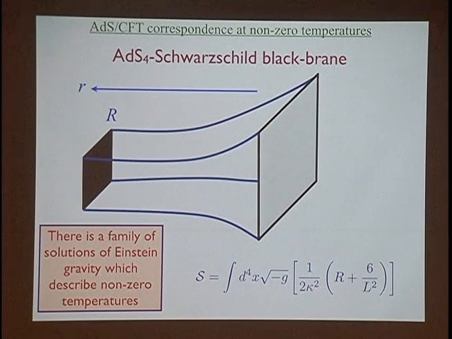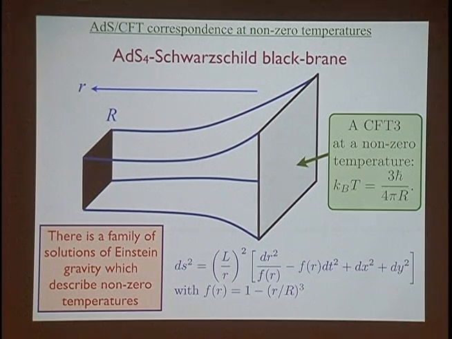It turns out this same action, the Einstein action, has a whole family of solutions for the same parameters. I just showed you one of them. The family of solutions is characterized by the horizon at a distance R from the boundary where the conformal field theory is living. And I'm sorry, there are two different R's. This capital R has nothing to do with the Riemann tensor.